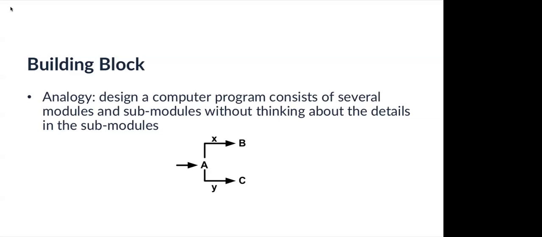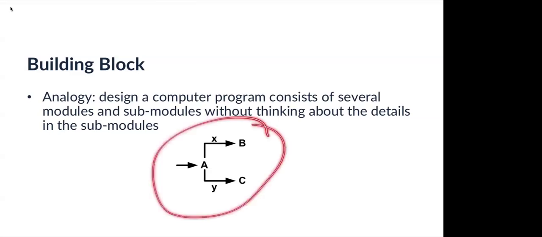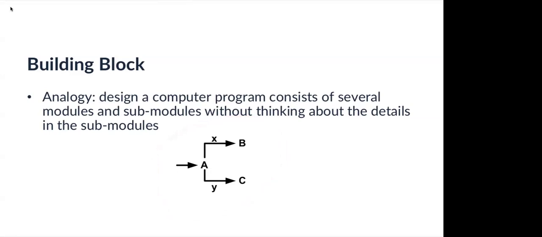When we design it, we won't think about the details in the submodules, right? For example, I just say swap without writing the detail of the swap procedure. In that case, we can just draw a building block like this.